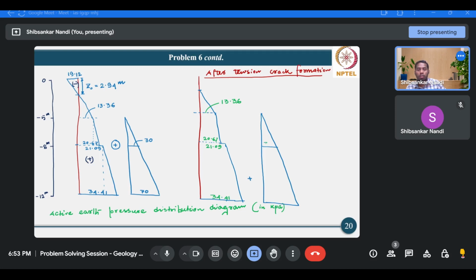This is 30. Now what we'll do, we'll basically split this entire distribution into regular shapes. So suppose this is your triangle 1, this is component 2 which has the shape of a trapezium, and this is the component 3, and the entire distribution we can take it.